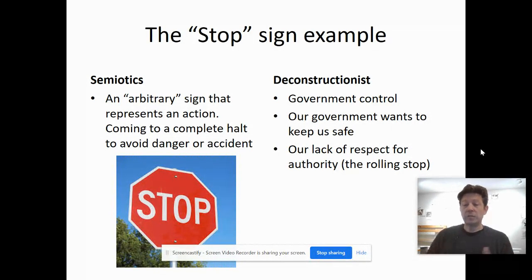Right? They could also say, I'm not going to stop because I don't think the government knows what's best for me. You know? That stop sign is going to make me late. So I have a lack of trust in the government, and therefore that stop sign, you know what it means to me? It means nothing. It means they're trying to control me.